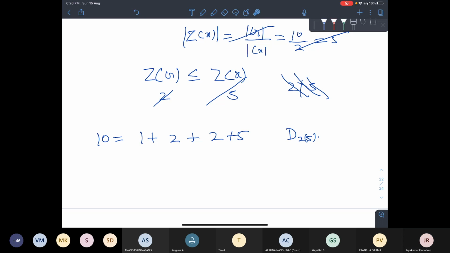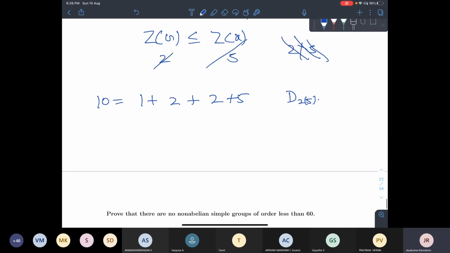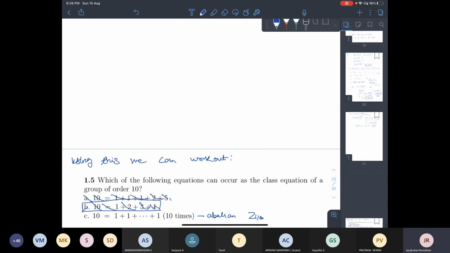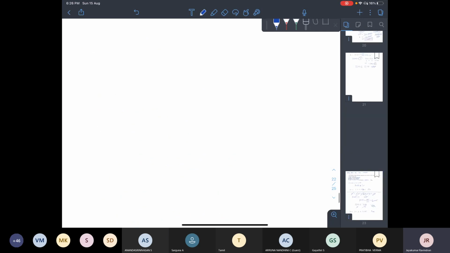Fine. So now for the class equation, I will tell you generally how to approach it.